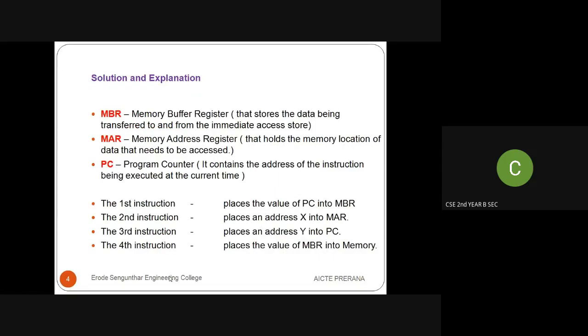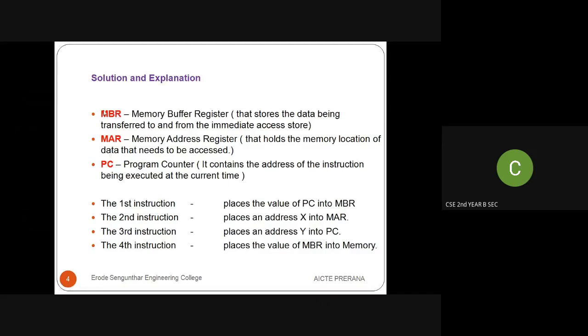Okay, so here there are 3 types of registers used in this sequence. One is MBR, second one is MAR, and third one is PC, that is program counter. So what is MBR meant for? MBR means memory buffer register. It is used for processing the transformation of information to and from the immediate access store. So mainly this memory buffer register is needed for transfer of information.